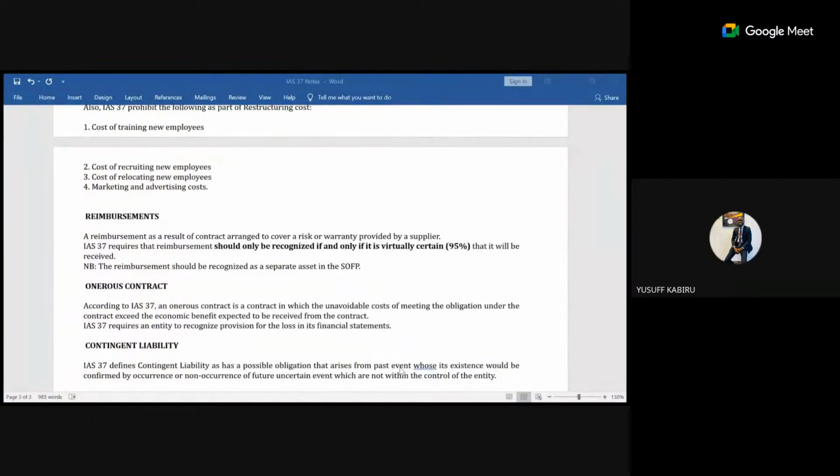Now, there is a clause in the contract. The clause is that if you decide to leave that contract, you will pay a compensation fee of 10 million naira.